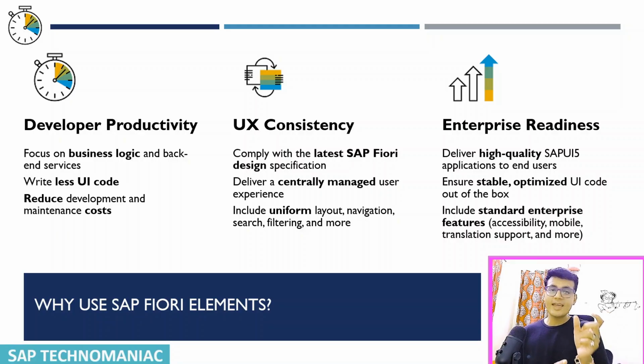So as soon as they add the summarize button in that particular template, that summarize button will be available for our custom application as well. It will obviously be available in the standard application, but we have developed our application using the standard floor plans and templates. So that is the reason that summarize button is available out of the box.